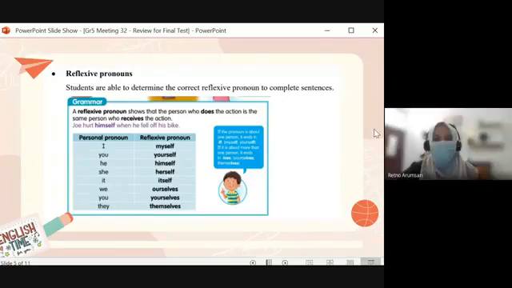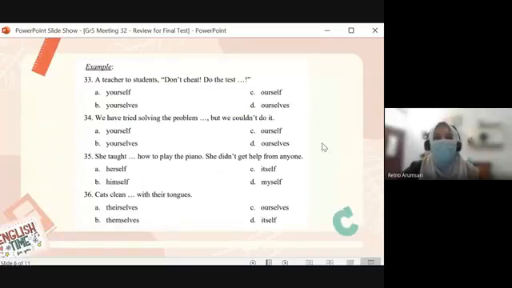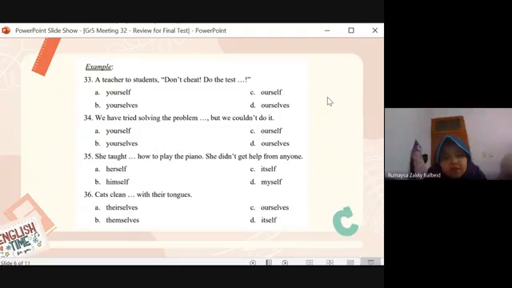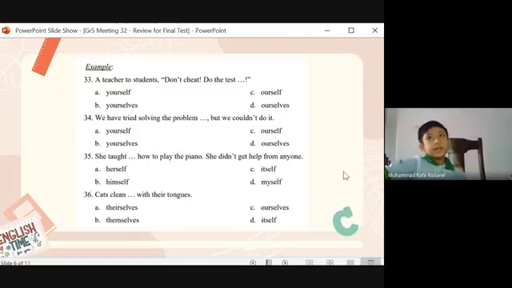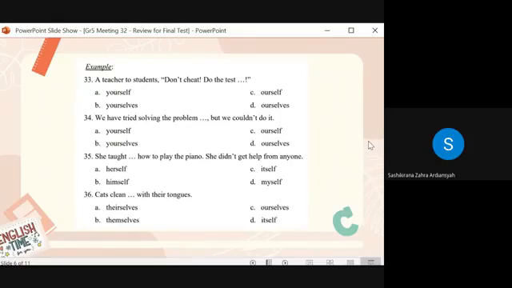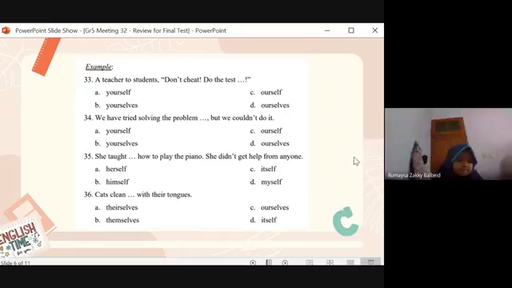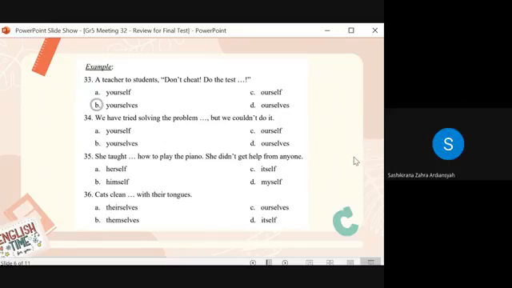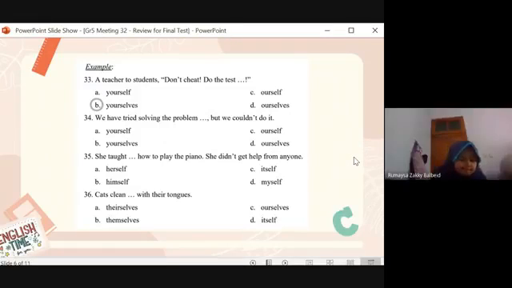Okay, 5D. Next, a teacher to students: Don't cheat. Do the test yourselves. Yourself? Is it A or B? It's B. Why is it B?